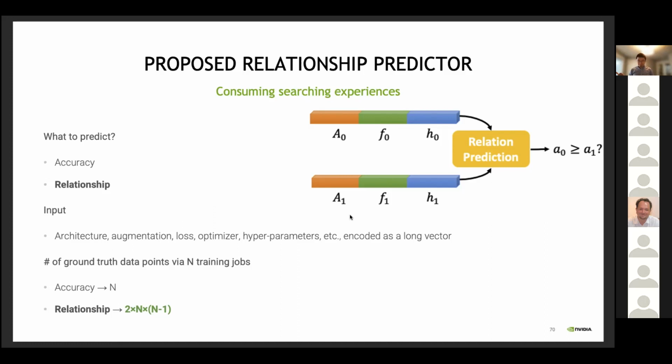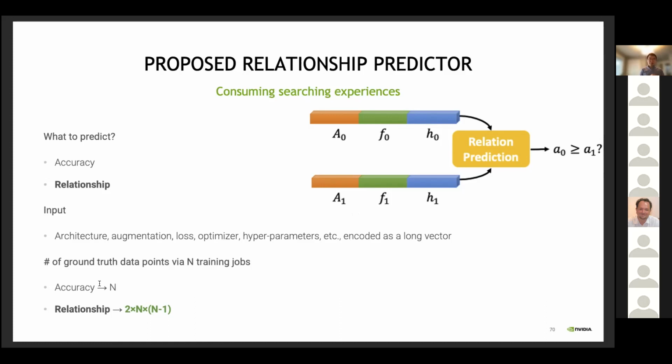And then we need to train these predictors, so we really need a lot of ground truth. Let's say we have a training job that gives us 10 different validation accuracies. If we train the accuracy predictor, then we have n data points for ground truth.